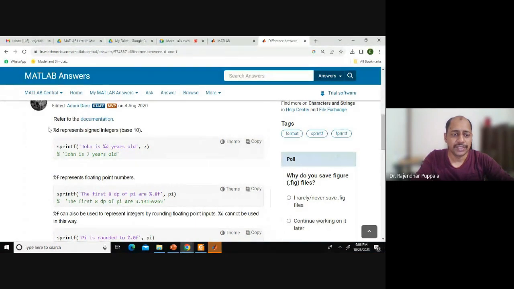Okay. And %f represents floating point numbers. So here you will get the integer and here you will get the decimal values, right? Here .8f means after the decimal you are getting 8 numbers. Okay.